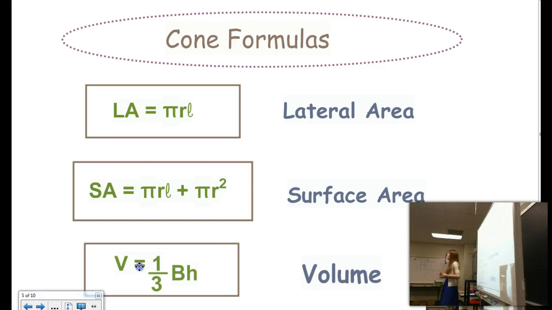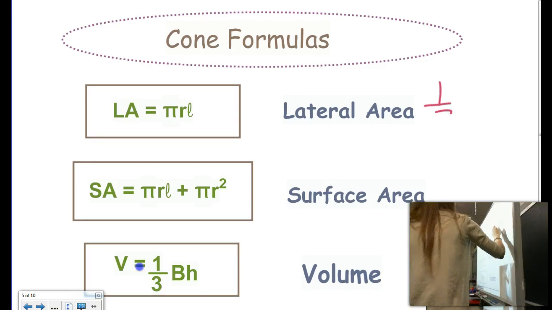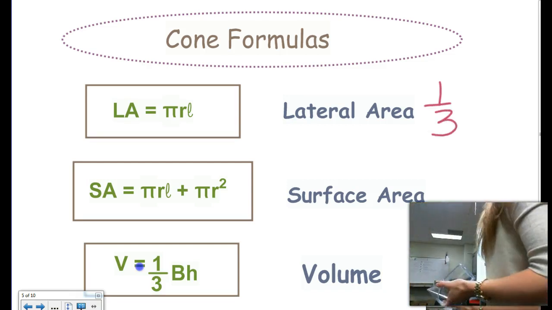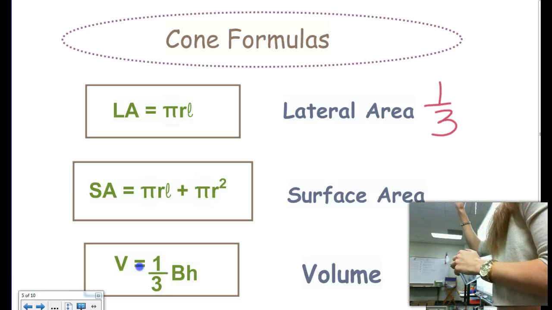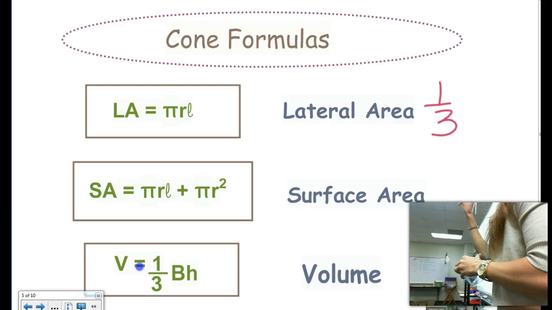1/3 base times height. Hey guys, for a cone, what is the base all day, every time? A circle. The base is a circle every time. 1/3. Instead of B, what could I write? What's the area of the base? What's the area of a circle?